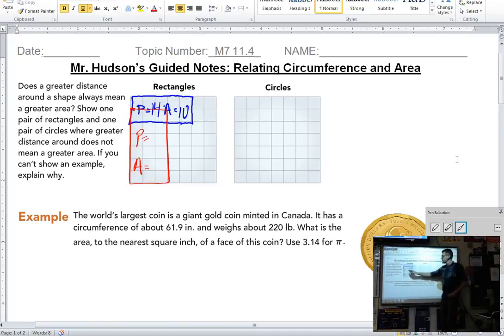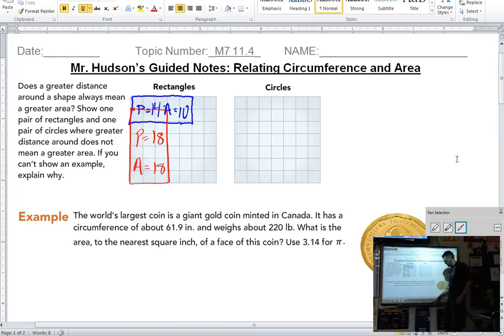So my perimeter would be 18. And then my area, 3 times 6. Interesting. Here, my area was smaller. Here, they're both the same.